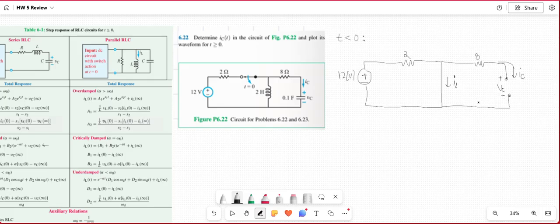All right, now we need to find VC of 0 and IL of 0. Look, this is blocking this off from the rest of the circuit, it's short-circuiting it, so therefore there's no voltage drop. So VC of 0 minus equals 0.